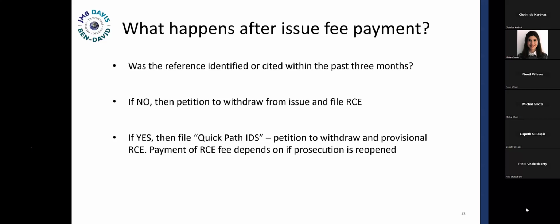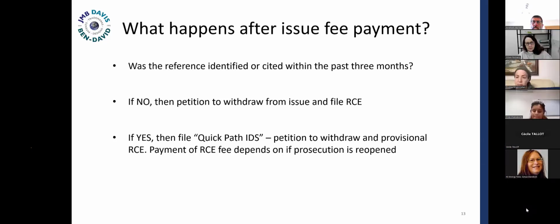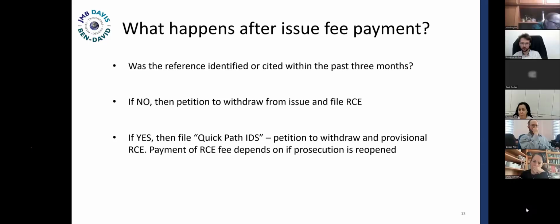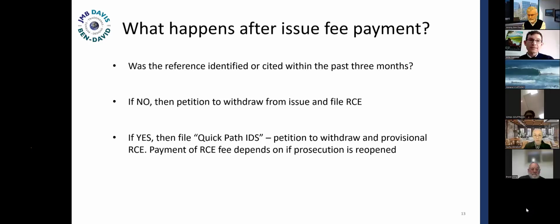And what it allows you to do is petition to withdraw the patent from issue. And then you file a provisional RCE. And of course, your IDS. If the examiner does not reopen prosecution, meaning if the examiner does not think that any of the references cited on the IDS are material to patentability, it's their call, not ours, then they'll refund the RCE fee and then reissue the notice of allowance.